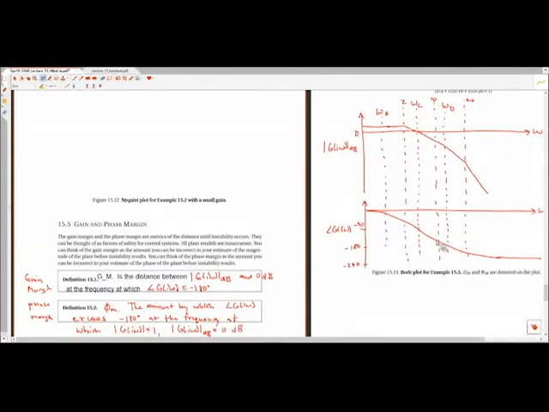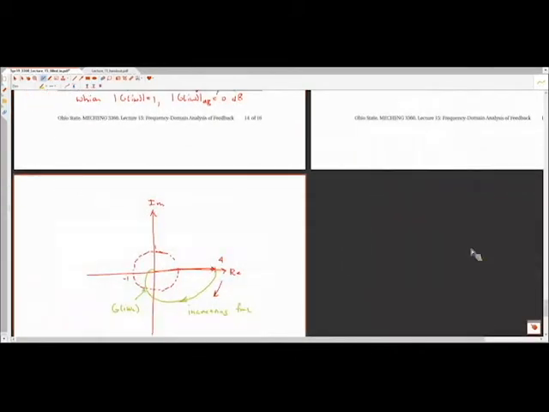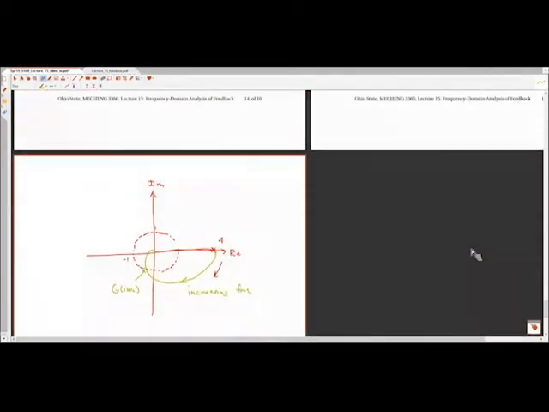As we go up in frequency, the phase only gets smaller, and that's going to correspond to negative angles, so that's a clockwise rotation. All right, so finishing the negative frequencies, that's just reflecting this about the real axis. And this is the finished Nyquist plot.